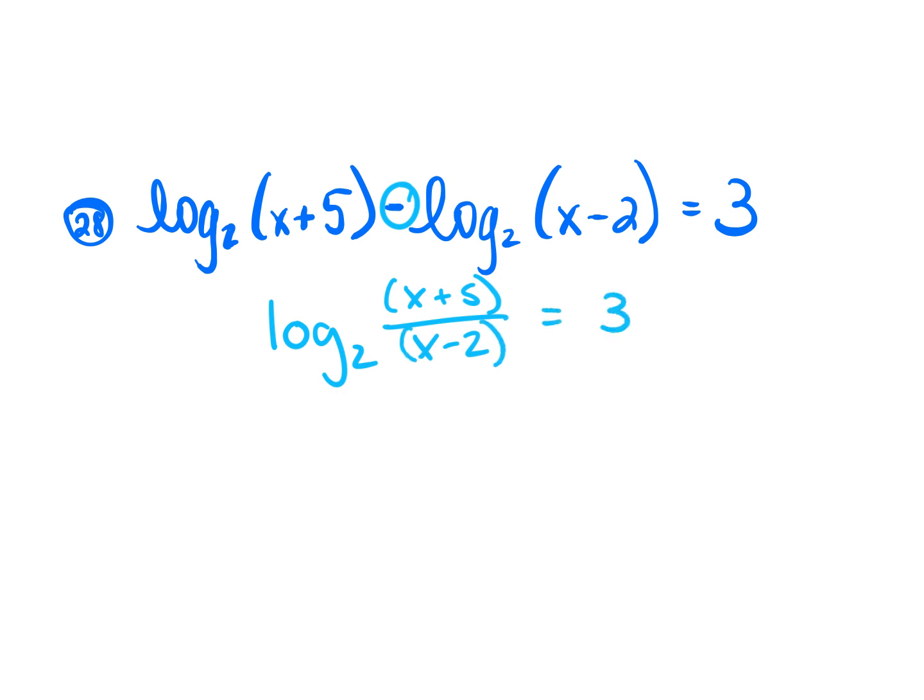Now, how do I get rid of the log? Make the big base 2. So 2 to the power of log base 2 cancels. So x plus 5 over x minus 2 is equal to 2 to the 3rd power, which would be 8. What would we do next?